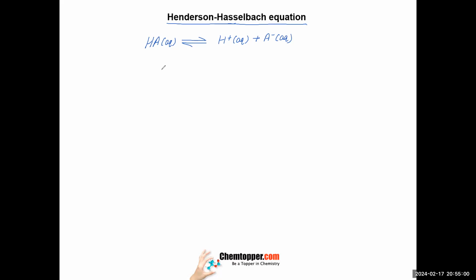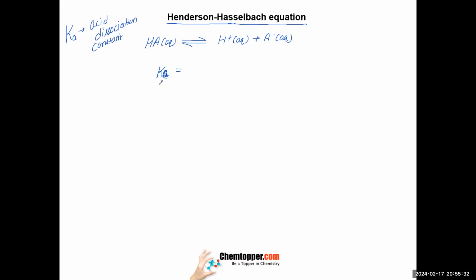Now write down the Ka expression for this. What's the meaning of Ka? Acid dissociation constant, the equilibrium constant for the dissociation of an acid.